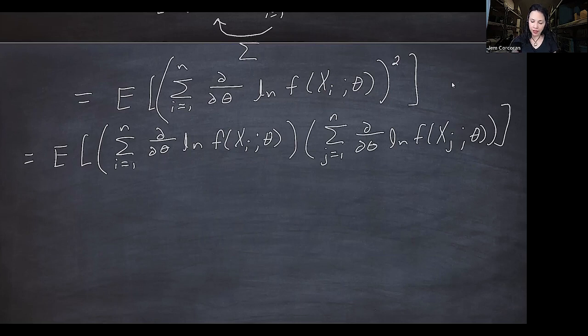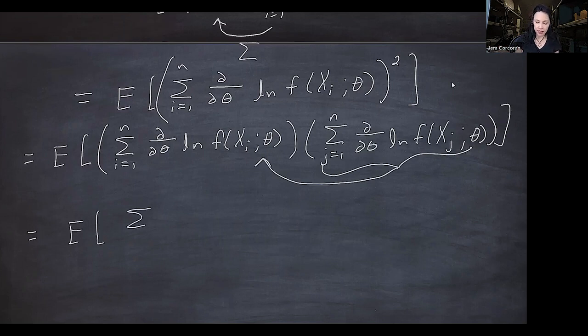And then I'm going to pull this whole constant inside this sum. And so this is the thing I thought might have been insulting to some of you. A sum squared is a double sum. And actually, I have no idea how you feel about that. So let me know if that doesn't make sense. But this is the same thing as the sum as i goes from 1 to n, the sum as j goes from 1 to n of the derivative with respect to theta of the log of f of xi and theta.